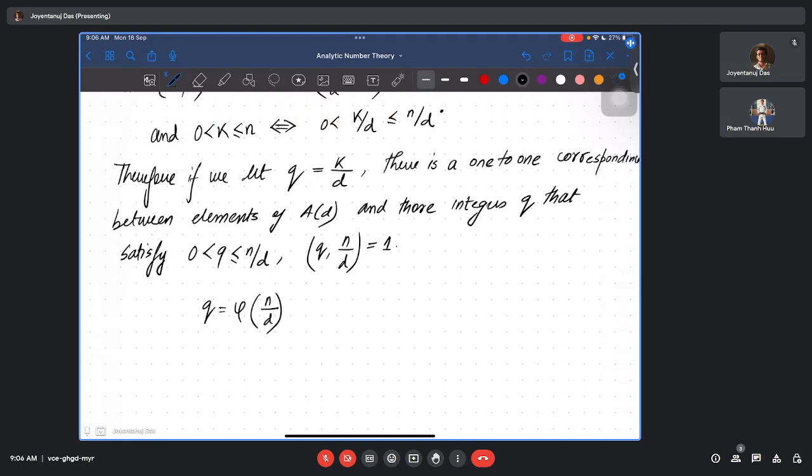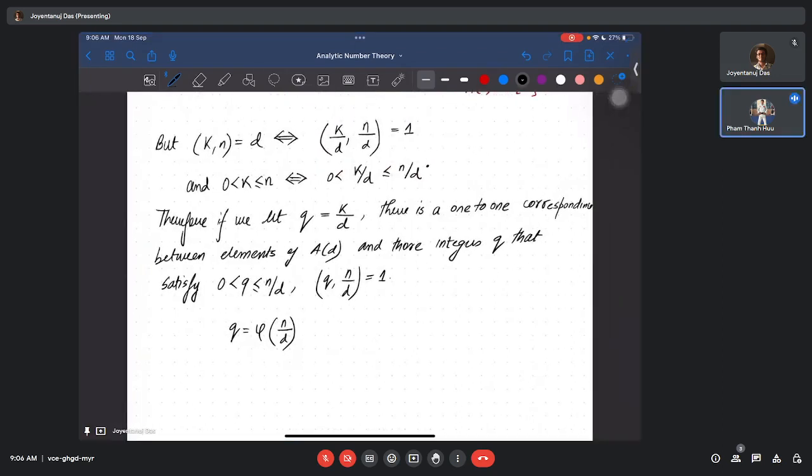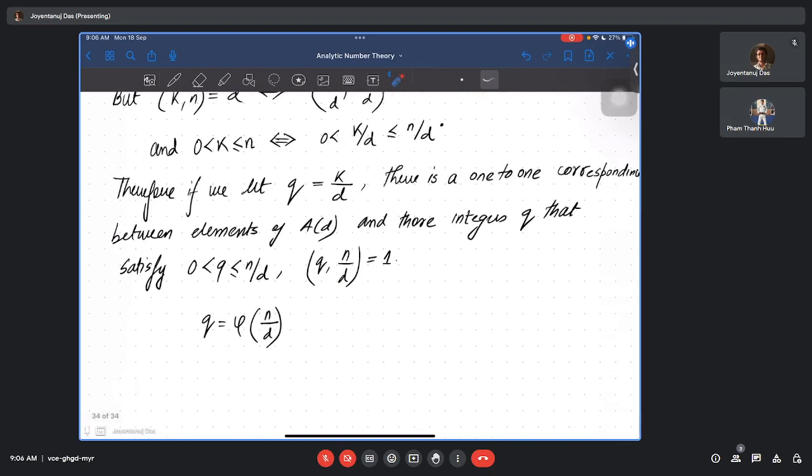So q is the number of elements that are co-prime to n by d. So how many such q are there? The number of q such that your GCD with n by d is 1 is nothing but phi of n by d, by definition.